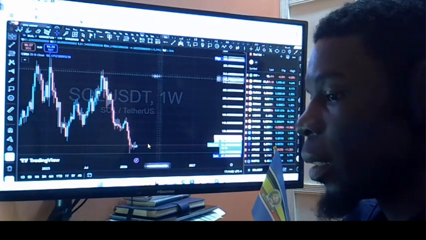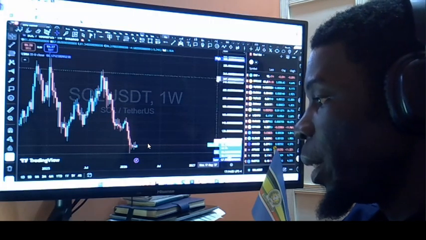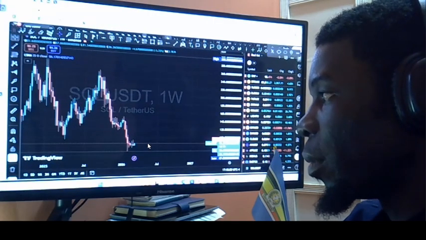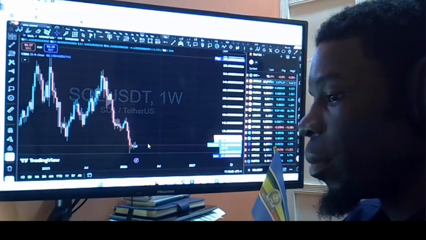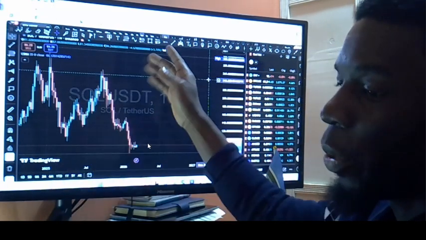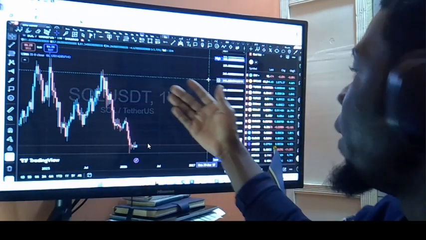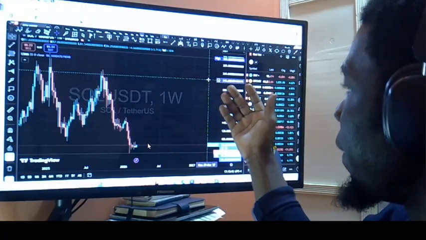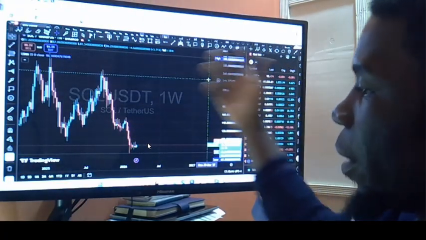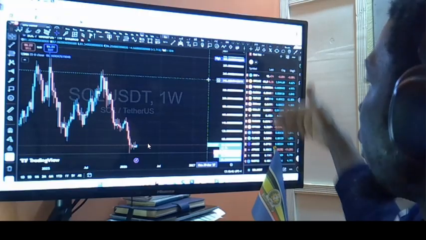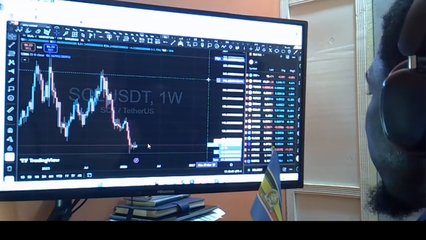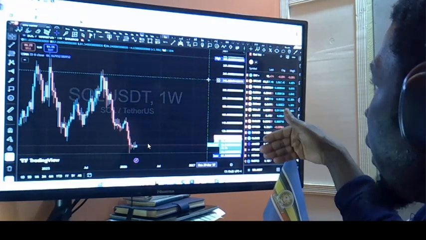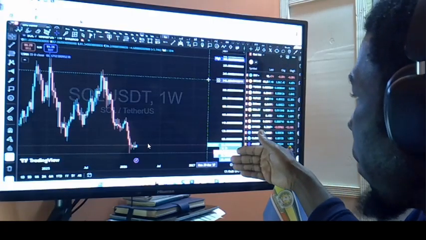As you can see here, let's go to BTC. What you are seeing right now is TradingView. This is the TradingView chart. On this side we have the tickers, on this side we have the markets for the tickers, and on this side we have the price.